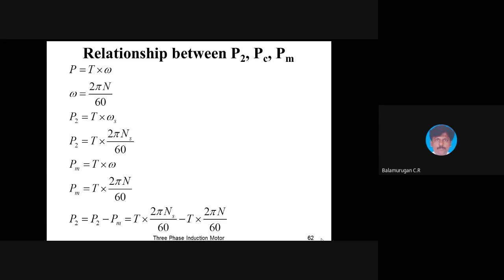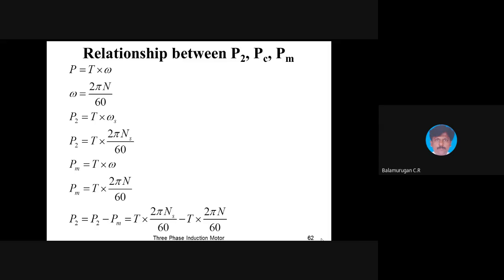Can you tell what is P2, what is PC, what is PM? In the power stages we have given some notations: P in, P2, PC or PCU, PM, PG, TSH.